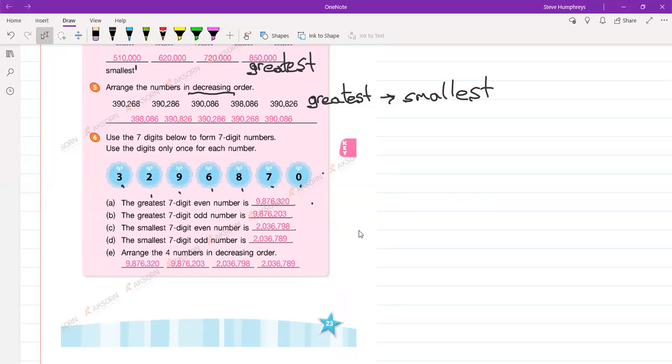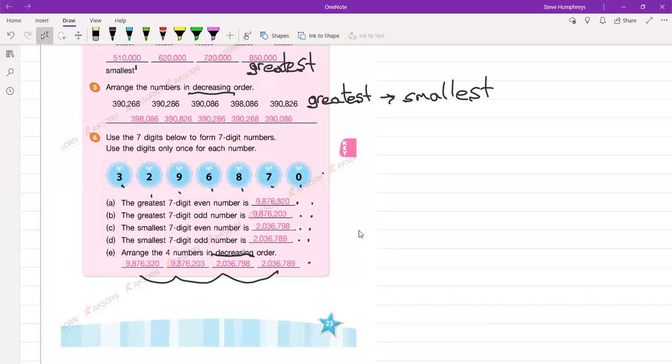Then you need to make the greatest 7-digit odd number, the smallest 7-digit even number, the smallest 7-digit odd number. You've got to use all the digits in each number, so you've got to use 7 digits. And then you've got to arrange these 4 numbers in decreasing order, from the largest to the smallest.